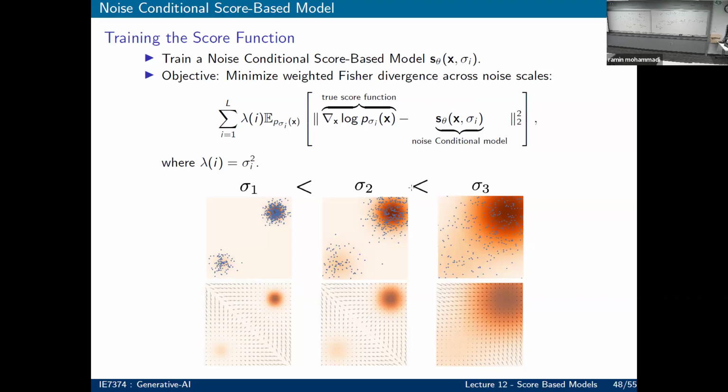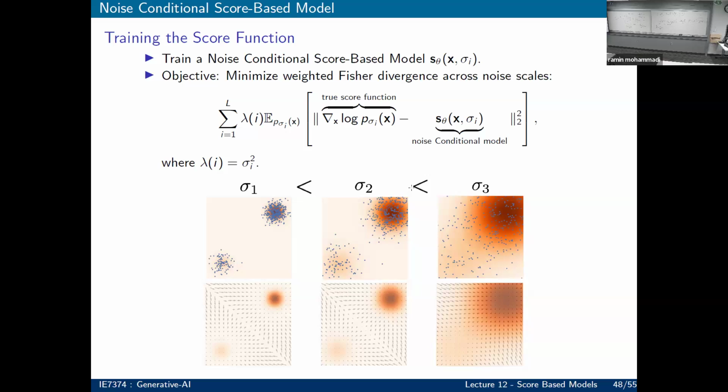There is this lambda i, where i stands for the noise level. You have L noise levels that you gradually add. For every noise level, you also have a mixing coefficient. Here, for simplicity, let's just assume lambda equals sigma squared, so we just replace it with sigma squared.